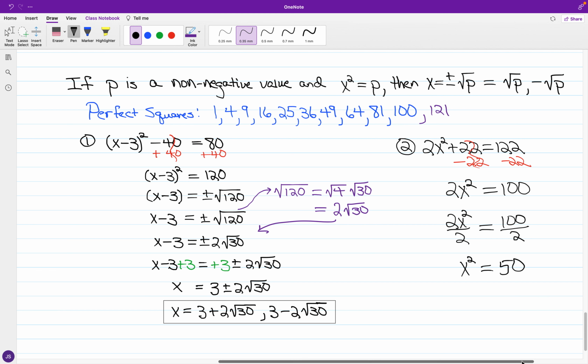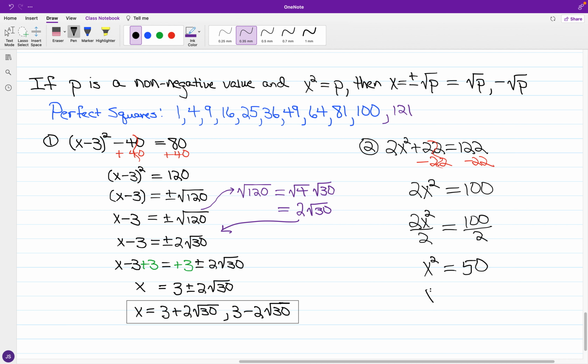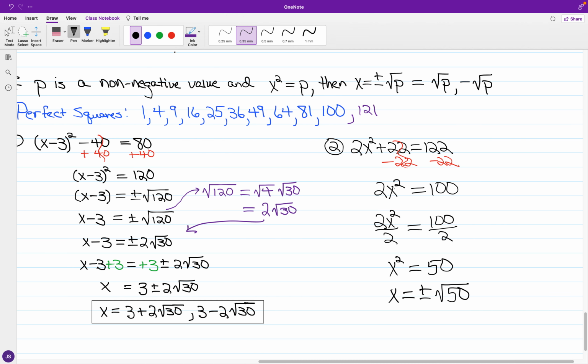And transitioning from x squared to x, we have x equal to plus or minus the square root of 50. And 50 is not a perfect square number, but it is a composite number whose square root can be reduced.